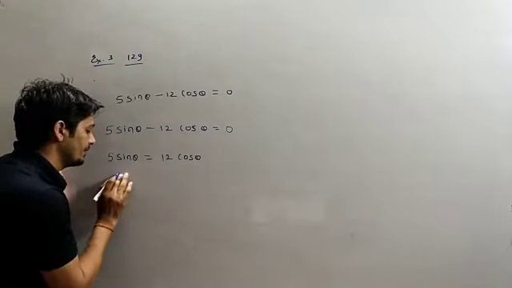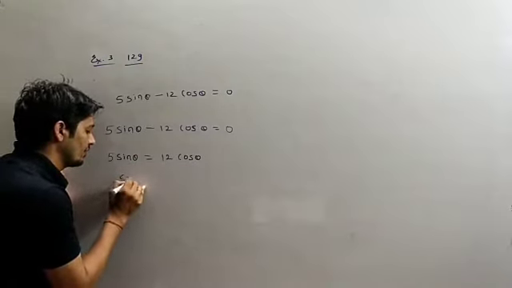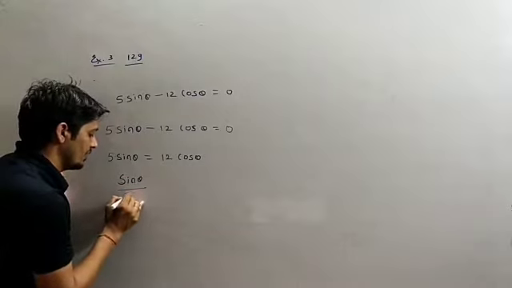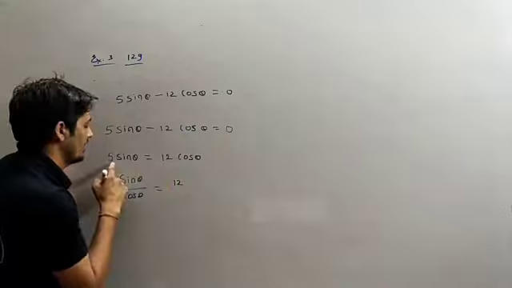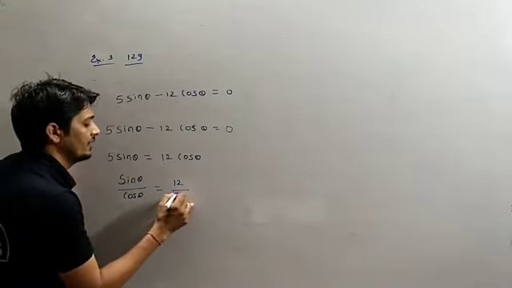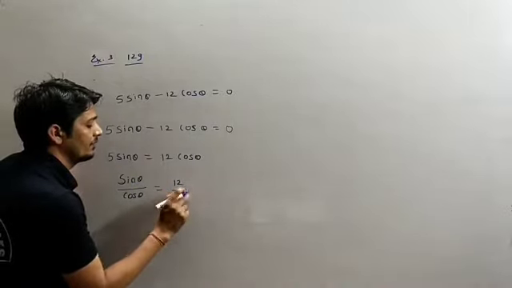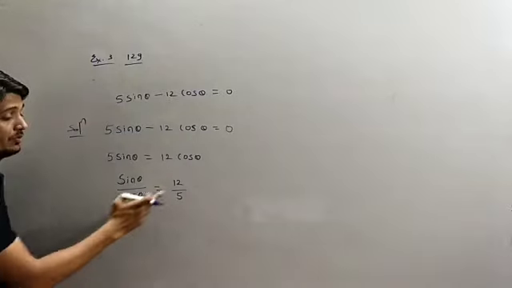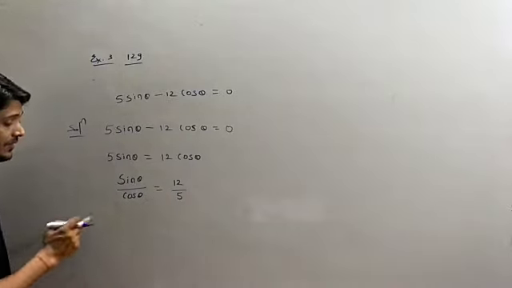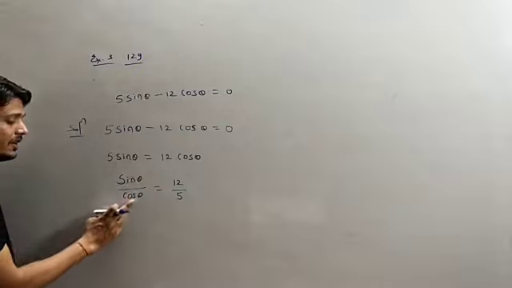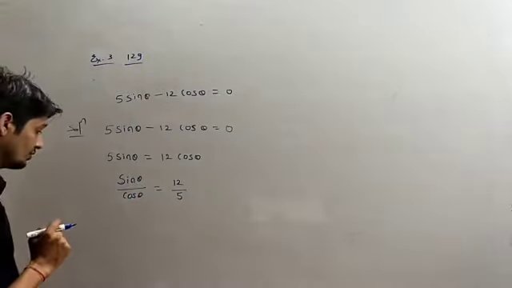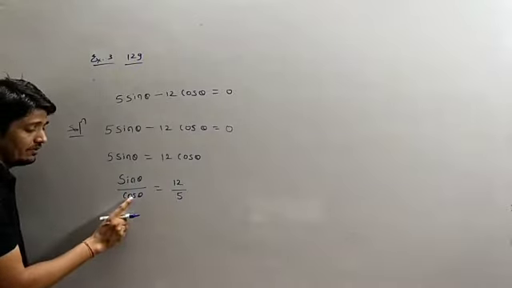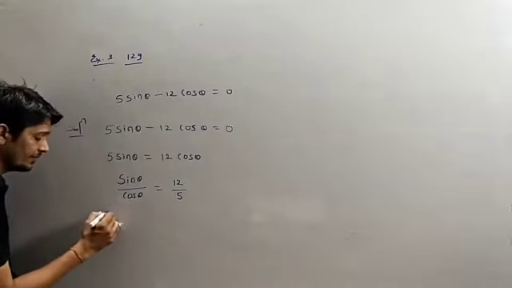We will get sin theta divided by cos theta equals 12 divided by 5. We know sin theta divided by cos theta means tan theta.